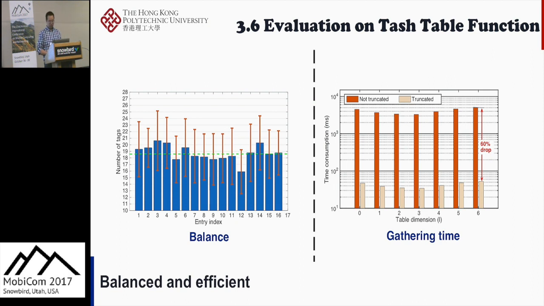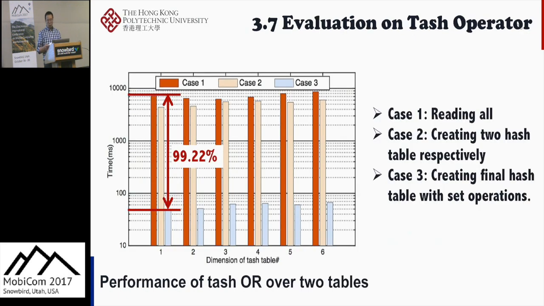of the overhead. And lastly, we evaluated the Tash operator. We show the performance of a Tash OR over two tables. We have three cases. In the first case, we just read them all, which is a very naive approach. In the second case, we create two hash tables respectively, collect them respectively, and conduct the OR operation in the server.